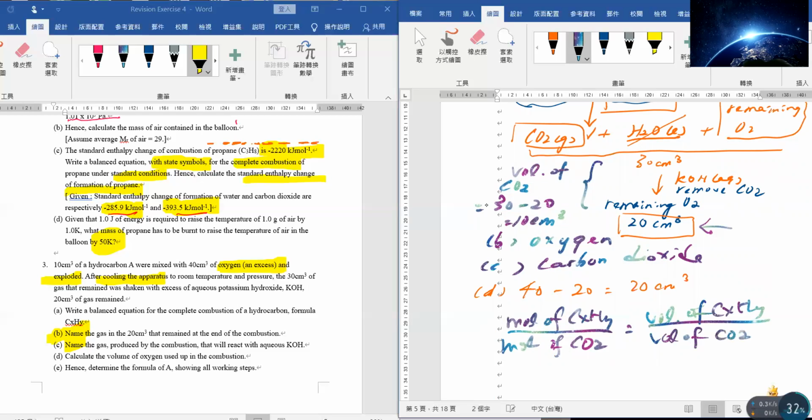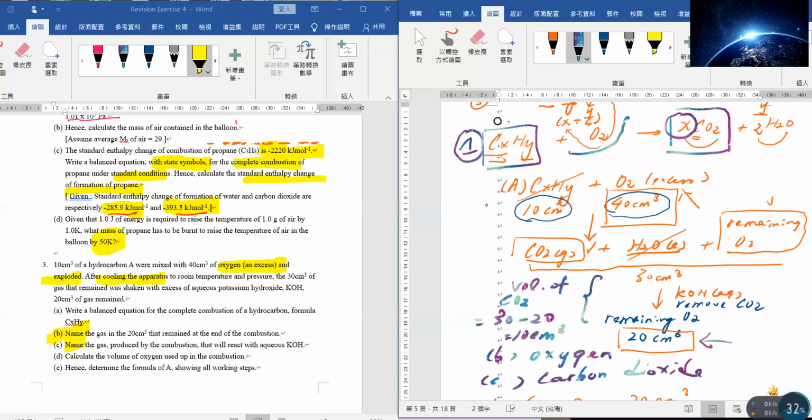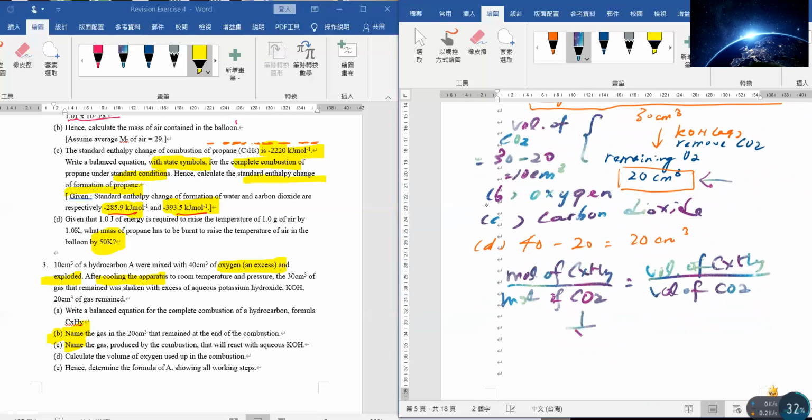This is Avogadro's law of gas, right? When every gas is put in the same condition, the volume is actually directly proportional to the number of moles, right? So from the equation, CxHy is 1. This is x, okay? So it will be 1 over x.